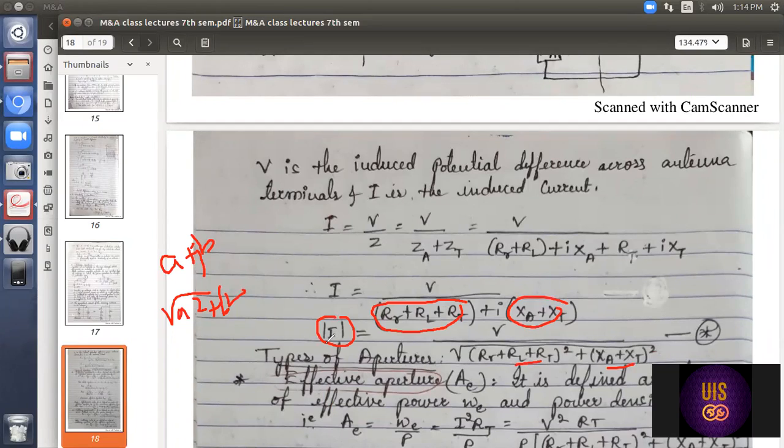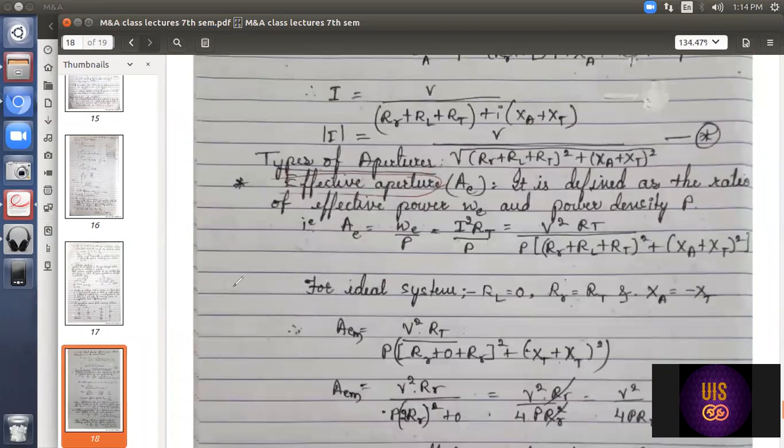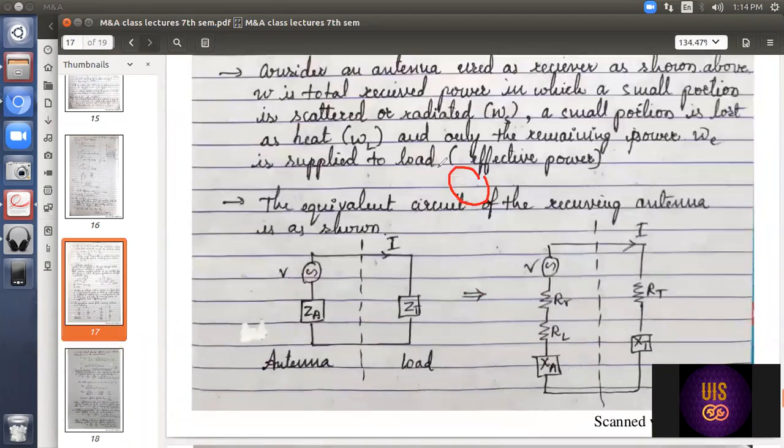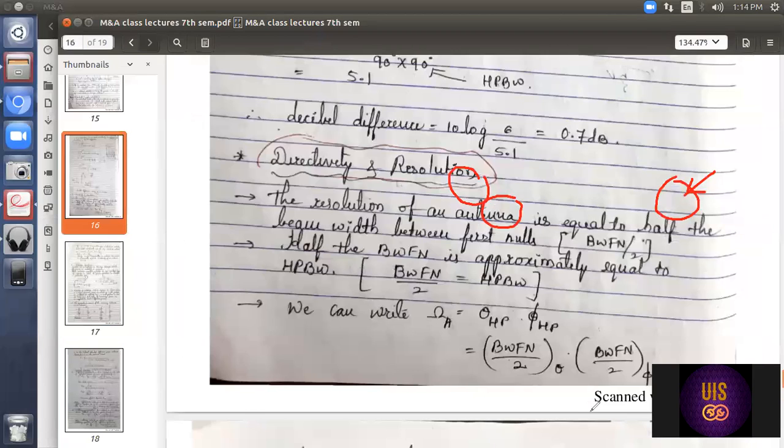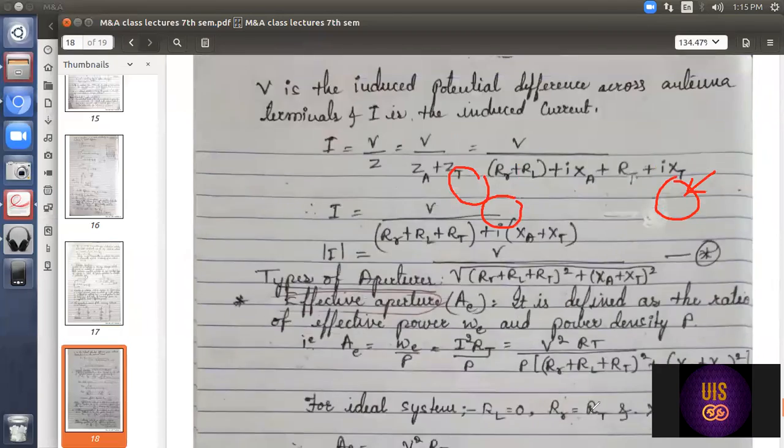From this equation onwards, we will deal with the different types of apertures available. Let's start with the first aperture, the effective aperture, A suffix E. Just like here we have WE, the effective power, which is always less than the total received power, so AE is the effective aperture.